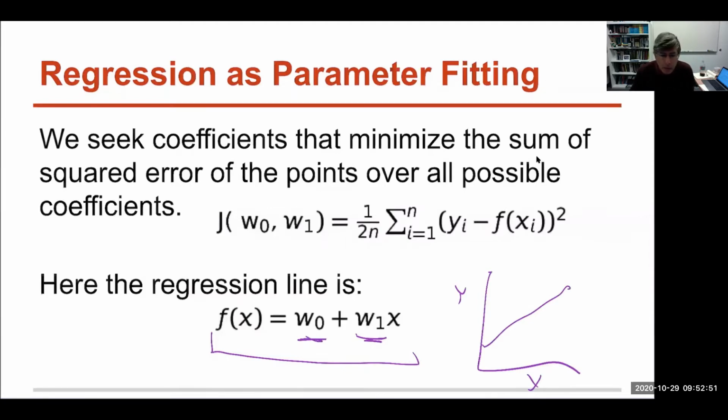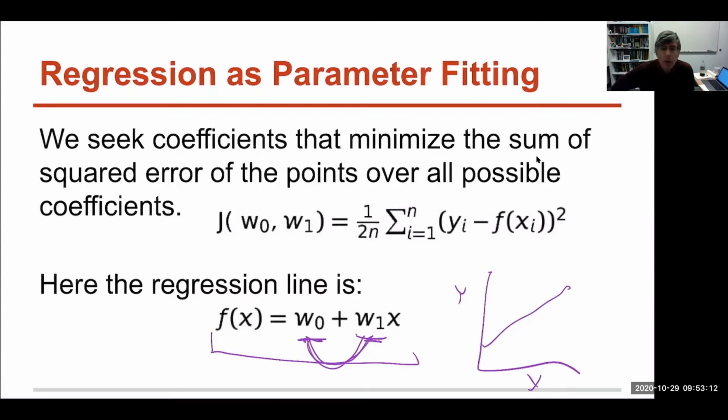Those are 2 parameters that define what the best fitting line is. Now, let's say that we're going to try to search all possible values of W0 and W1, and evaluate how well they do.